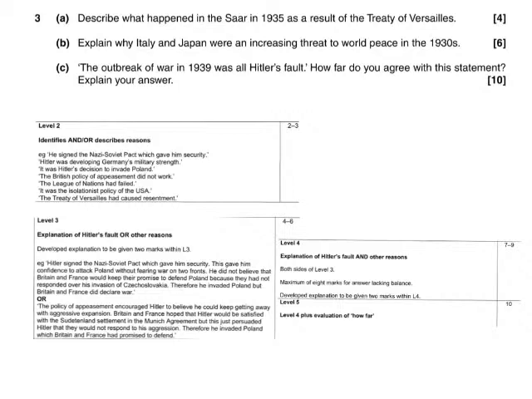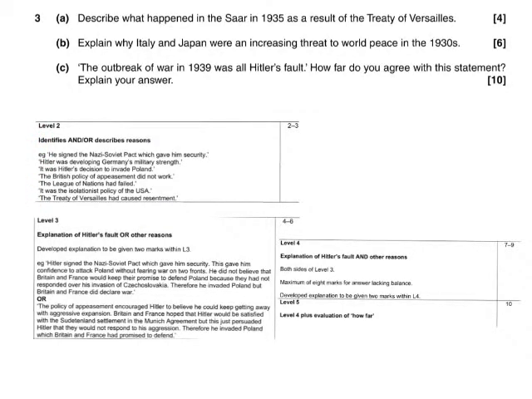That implies that we're going to need to be looking at both sides of the story here, and trying to think about some other possible reasons for the outbreak of war in 1939, other than just Hitler himself. Each time we come up with a reason, it's got to be explained properly. So again, our level 2 to 3 marks here, exactly the same as if we were answering an explain question. We're just identifying or describing reasons.